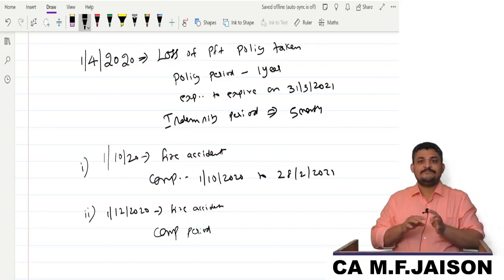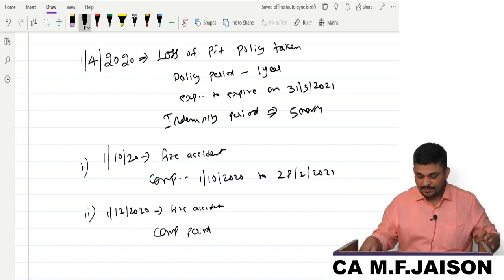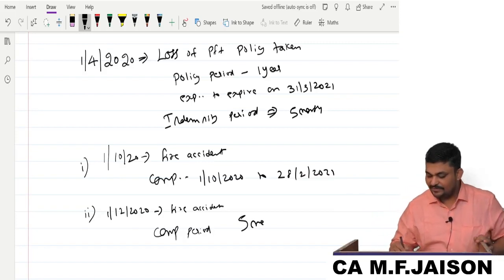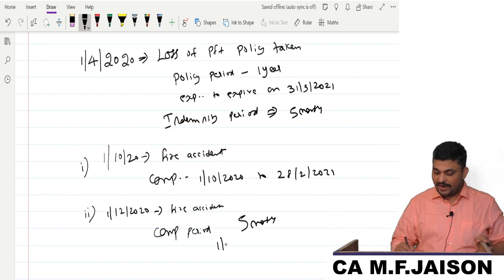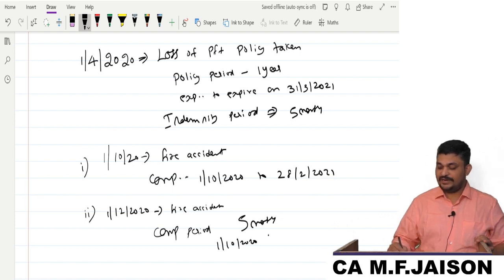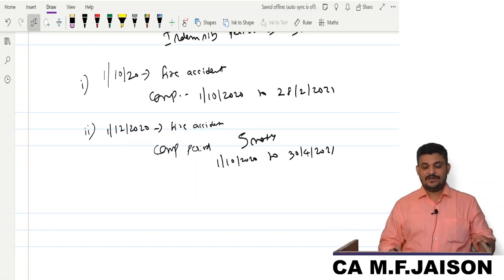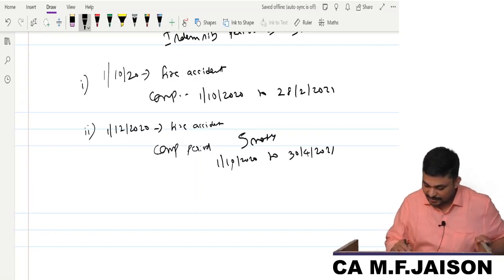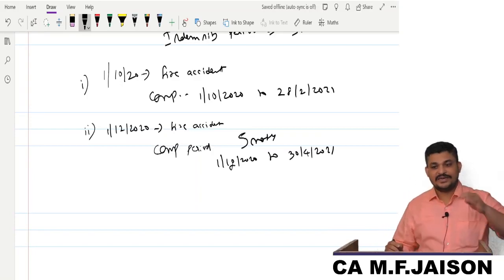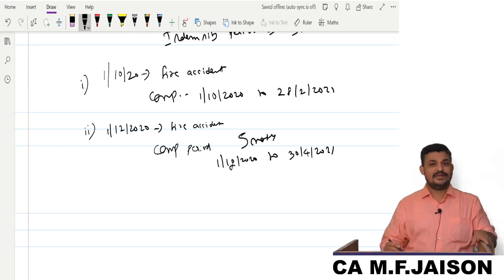So it is for a period of 5 months. You will be compensated from 1/12/2020 to 30th April 2021.